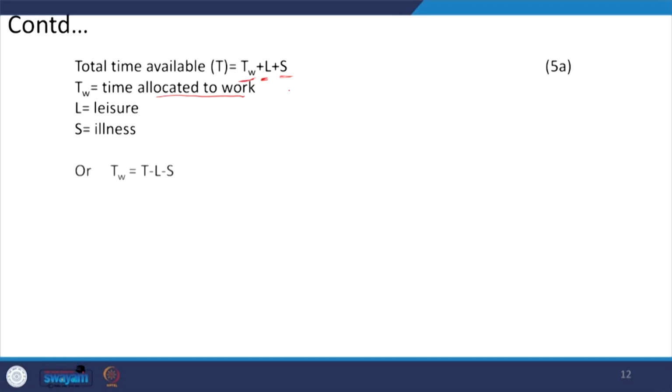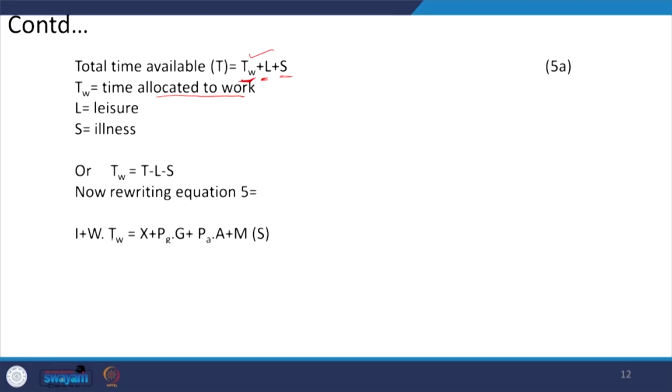Based on this understanding, we can now do some arithmetic. Obviously, the time allocated for work would be total time T minus L minus S, right. If you rewrite equation 5 that we are talking about, we can replace this in the budget constraint.